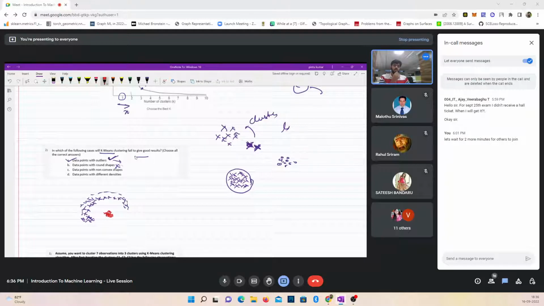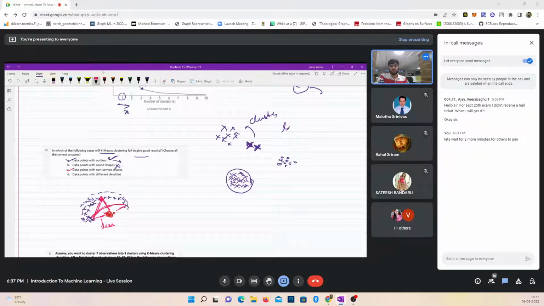If you rely on k-means clustering, look at this: the distance between this point and this point is less, and between this point and this point is large. If you have this as the center for the outer data set, this point is still nearer than this point. So in this kind of situation, k-means clustering would also fail.